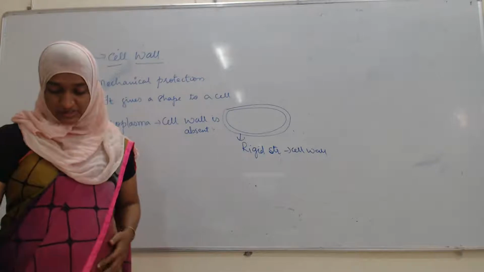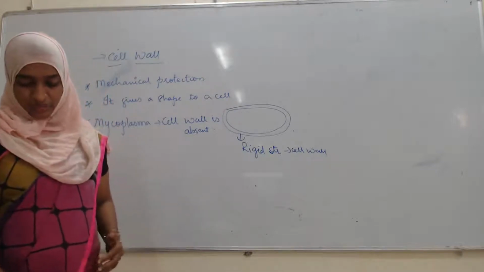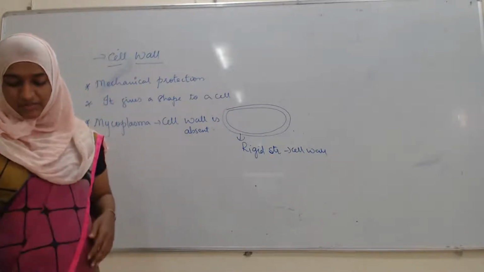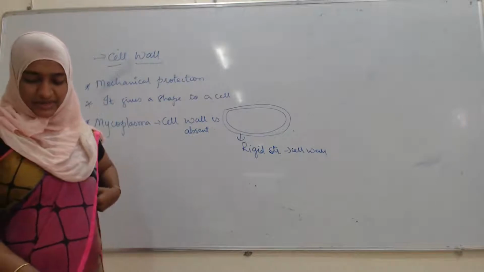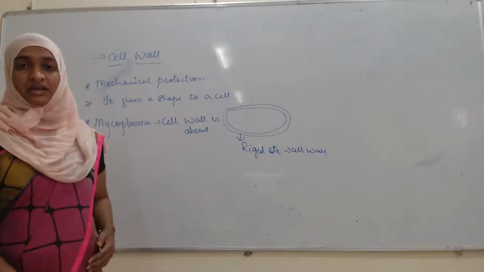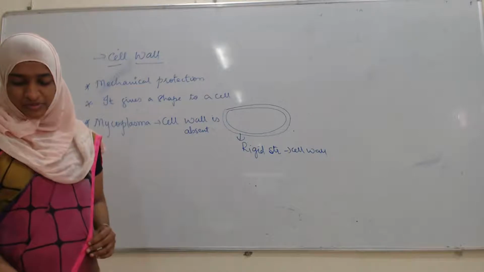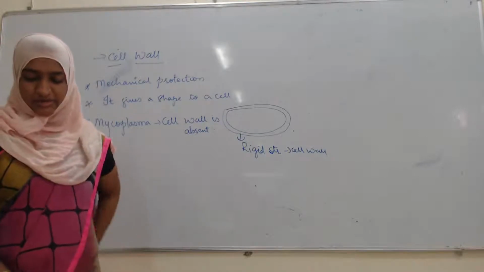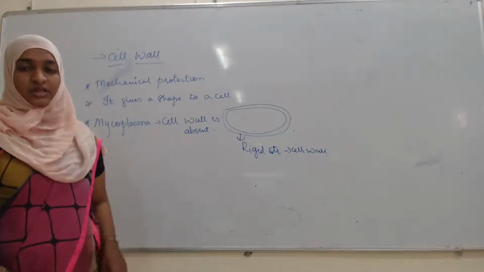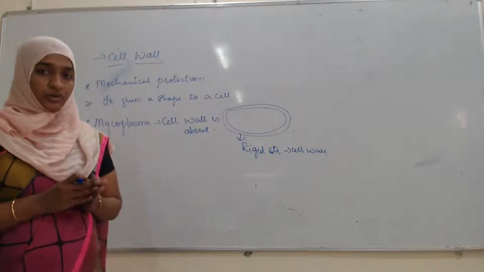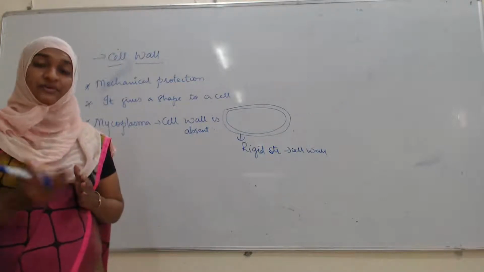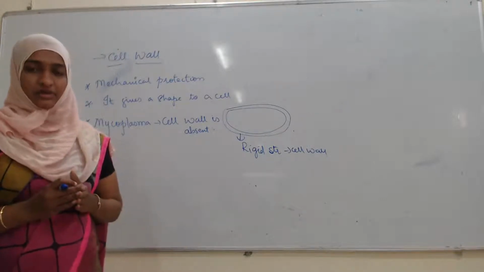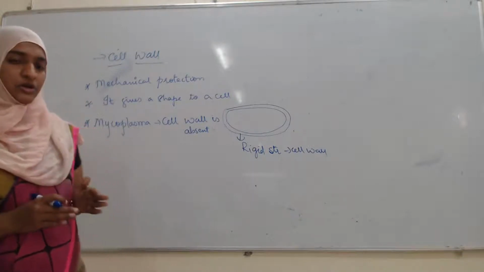The cell wall of bacteria differs chemically from the cell wall of plants in that it contains protein, lipids and carbohydrates. It may also contain chitin but rarely any cellulose. Here the cell wall of a prokaryotic cell is different from the plant cell wall. What is the chemical composition of the cell wall?